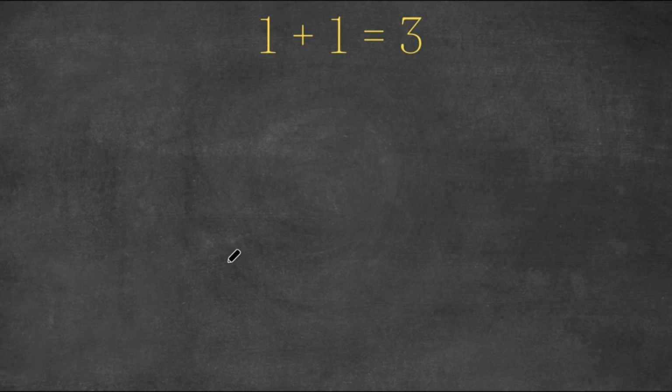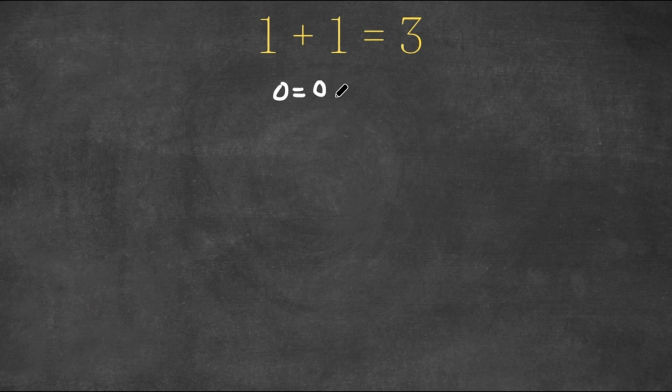In today's video, I'm going to be proving that 1 plus 1 is equal to 3. So I'm going to first start with the equation 0 is equal to 0, right? This is right because 0 does equal itself.